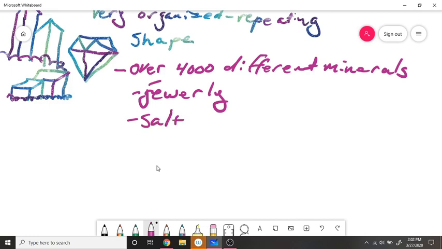Our pretty shiny rocks that you see on rings or on necklaces or on earrings. Salt is considered to be a mineral. The graphite that's in your pencil is considered to be a mineral. The fact that you're watching this on a cell phone or on your computer, there are minerals used in your computer chips.